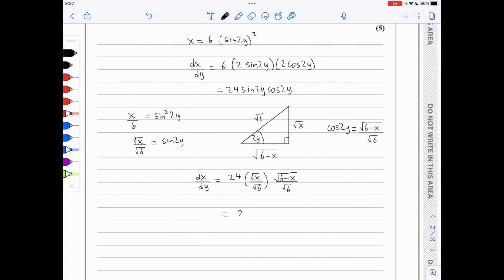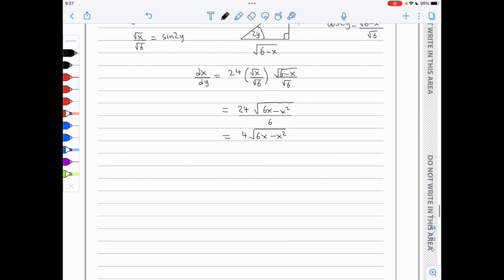This simplifies to 24 square root of (6x minus x squared) over 6, which is 4 root of (6x minus x squared). And the last thing that remains to be done is to go from a dx/dy to the dy/dx expression, which is 1 over 4 root of (6x minus x squared).